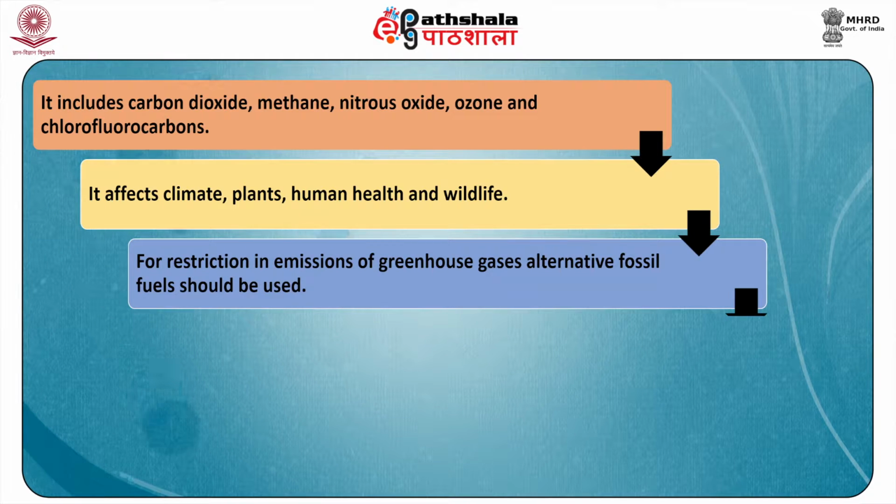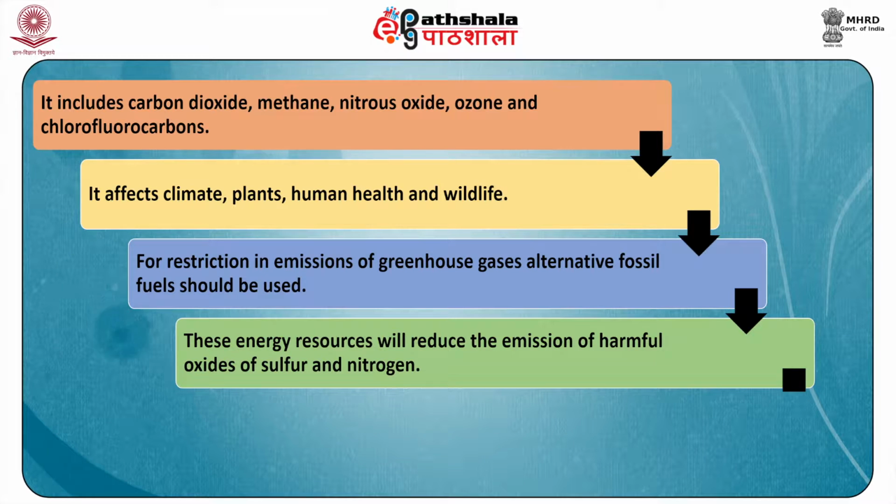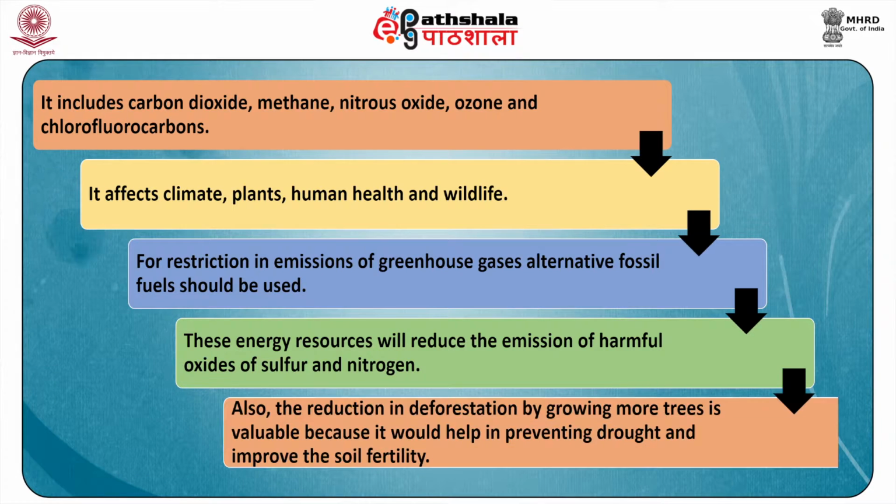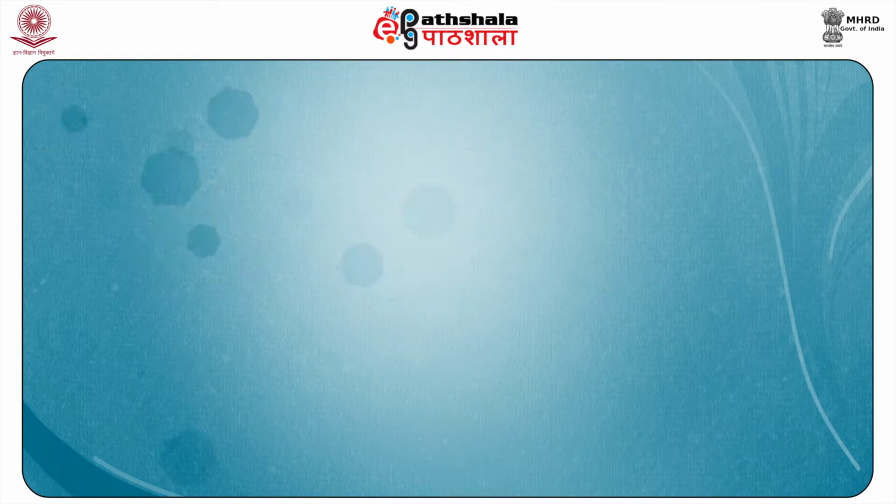For restriction in emissions of greenhouse gases, alternative fossil fuels should be used. These energy resources will reduce the emission of harmful oxides of sulfur and nitrogen. Also, the reduction in deforestation by growing more trees is valuable because it would help in preventing drought and improve the soil fertility.